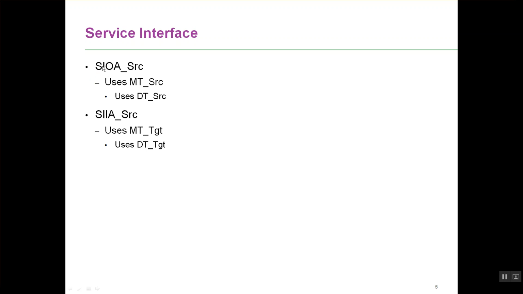Then you would define two service interfaces, one for the sending system and one for the receiving system. So SI_OA, what does this mean? SI stands for service interface, O stands for outbound, A stands for asynchronous. Same way, SI stands for service interface, I stands for inbound, A for asynchronous.